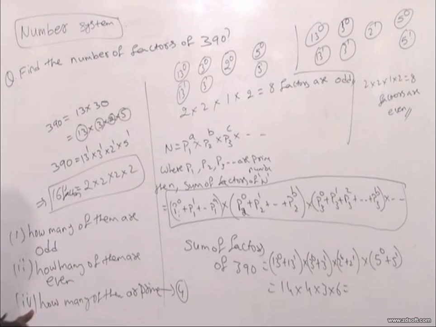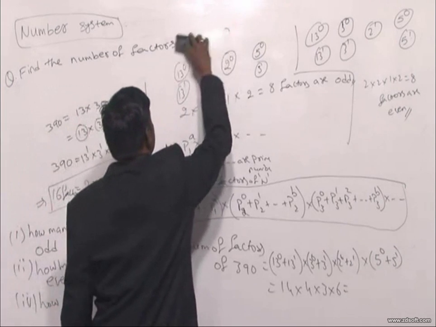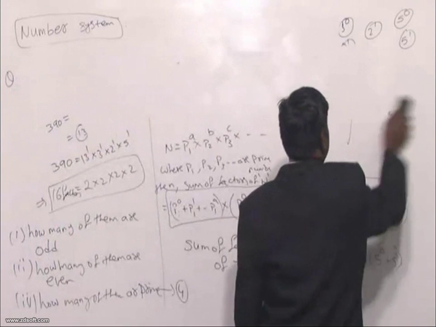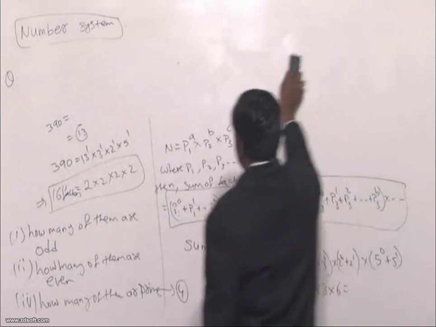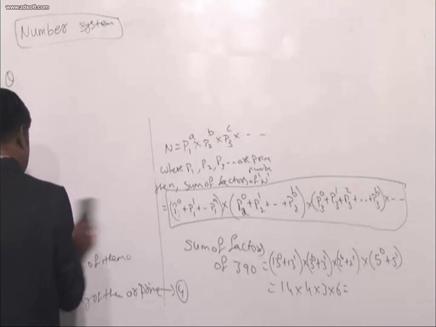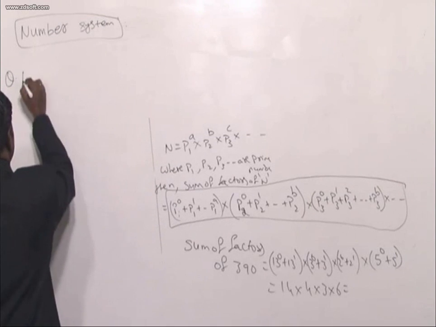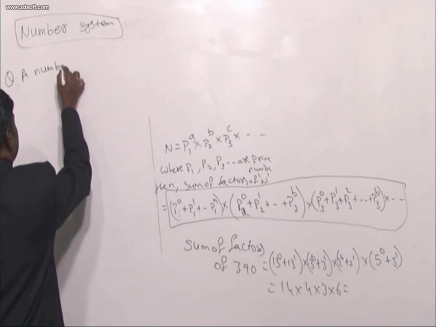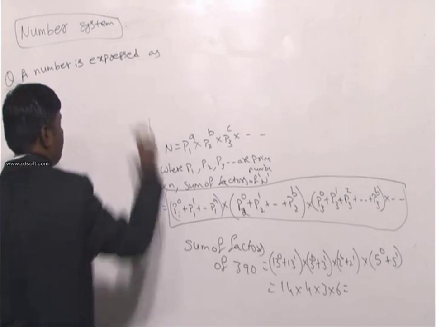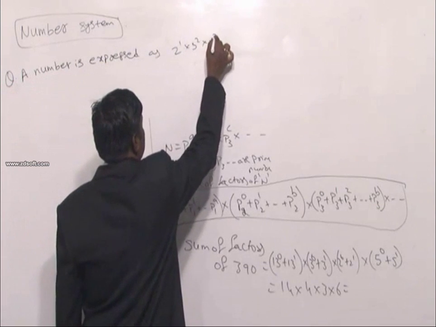Okay. Let us take one more problem. A number is expressed as 2 power 1 into 3 power 2 into 4 power 3 into 5 power 4.